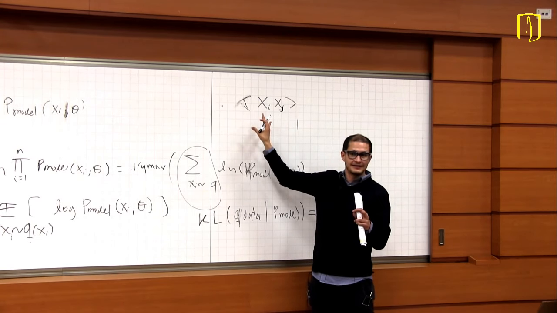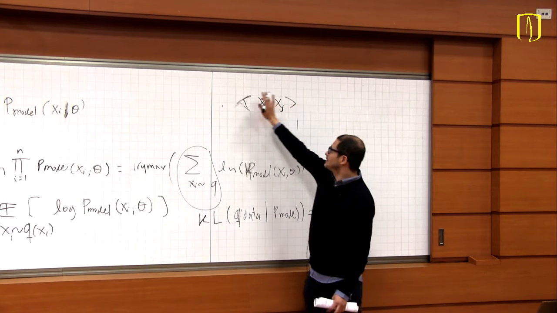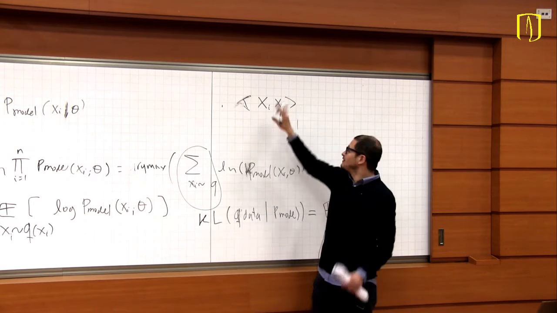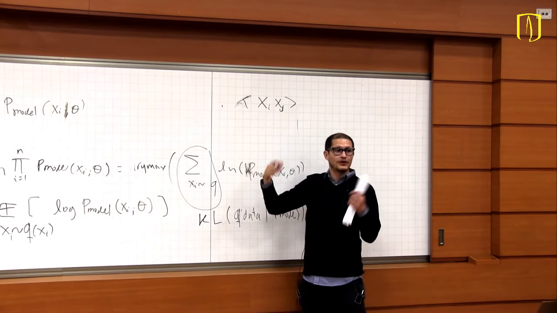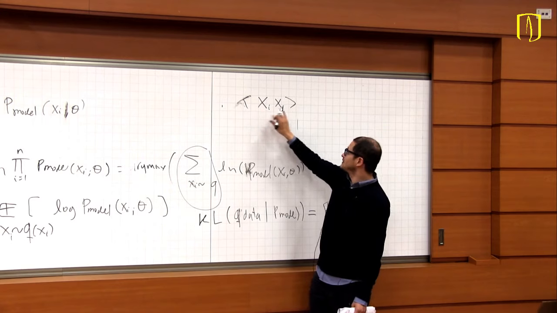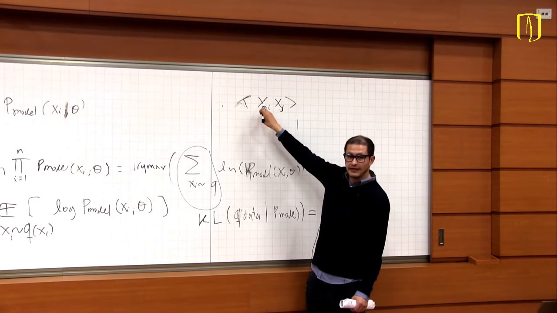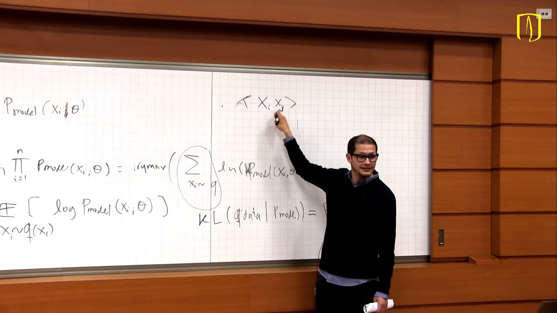That's the idea with the covariance matrix. So an expectation value over your data set of this quantity is a correlation function: how is variable x_i correlated to x_j?